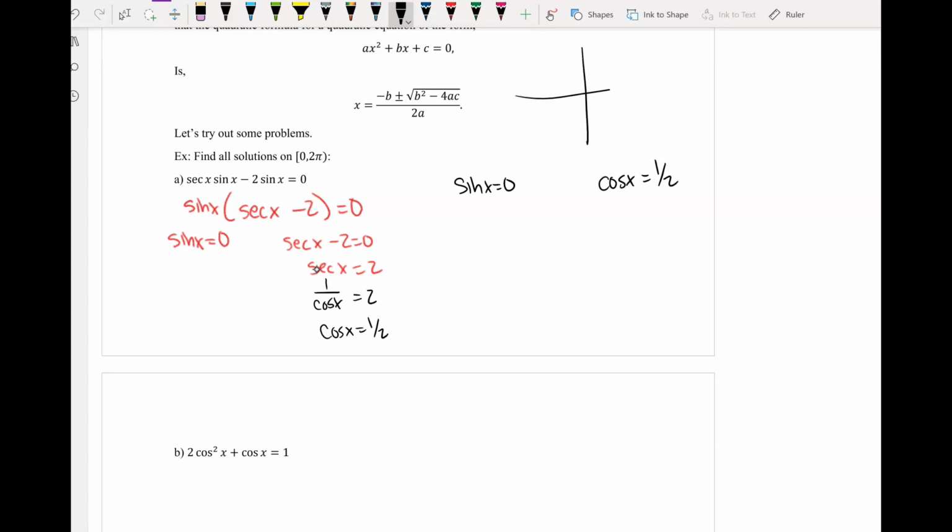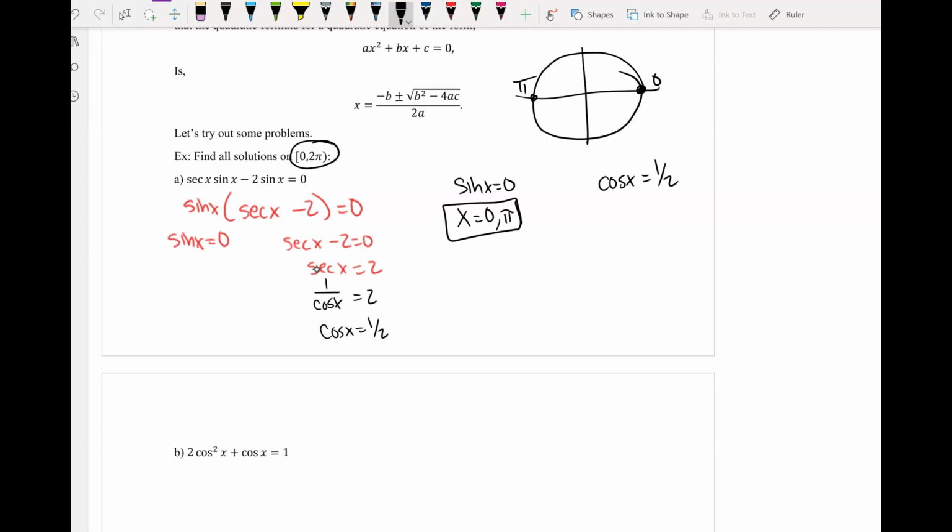Recalling the unit circle, we only want from 0 to 2 pi. Luckily, these values are all on the unit circle. Sine of x is 0 at 0 and also at pi. So x is going to be 0 and pi. Those are the two solutions.